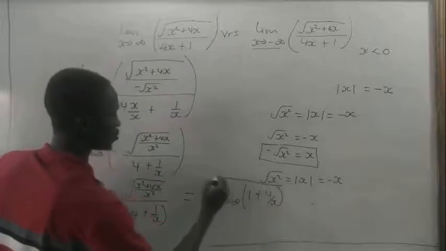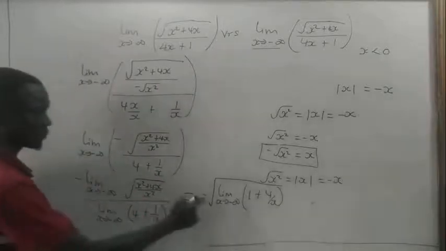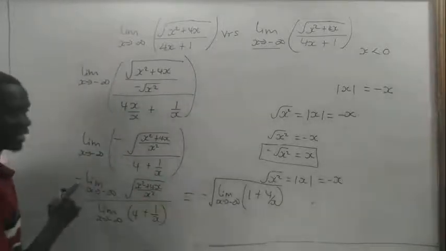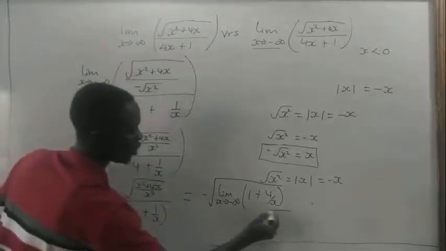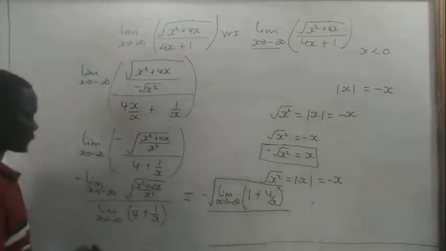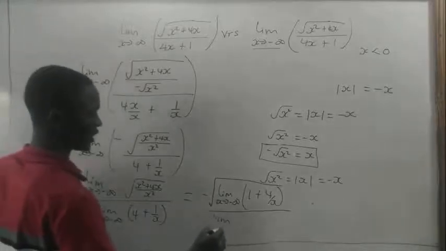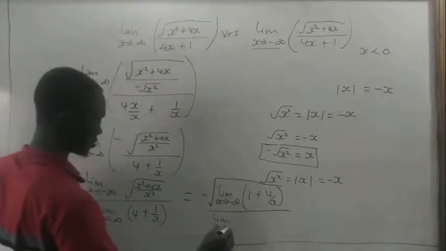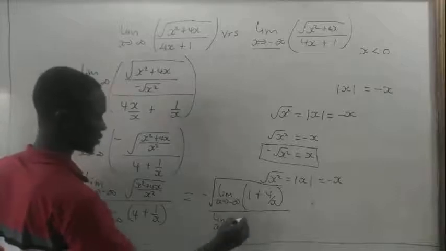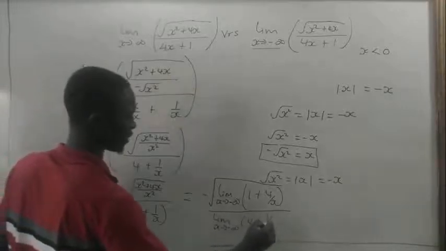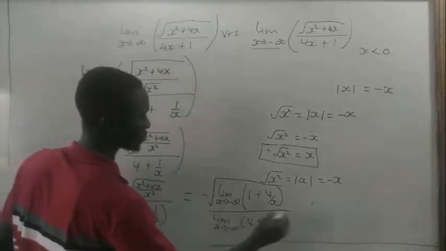We factorize the negative sign out. All divided by the limit as x approaches negative infinity of 4 plus 1 divided by x.